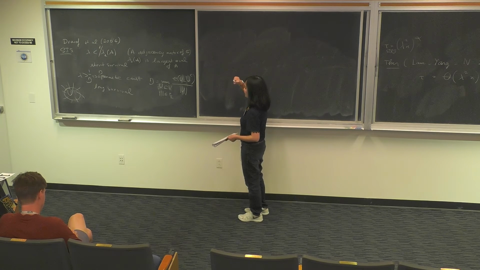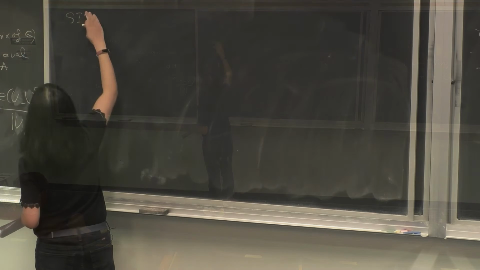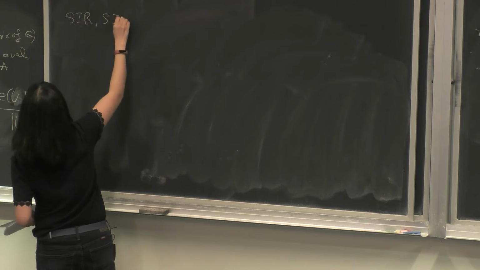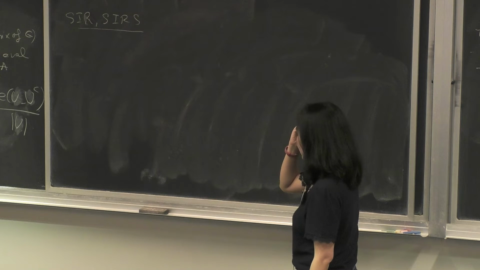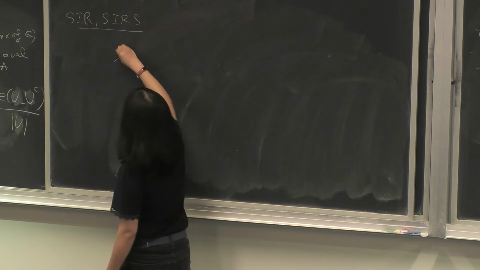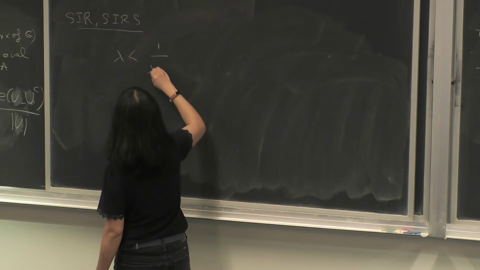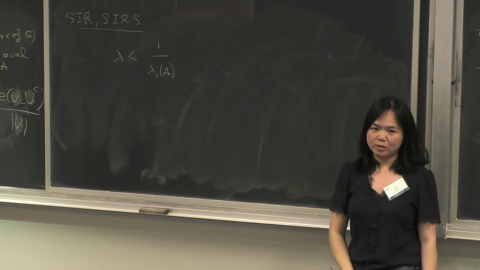Yes, and one may now wonder, what about SIR and SIRS? Now, what happens if lambda is smaller than 1 over lambda 1A? Does the process survive for a short time?